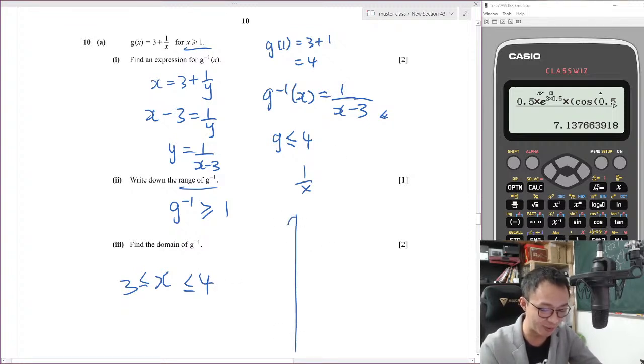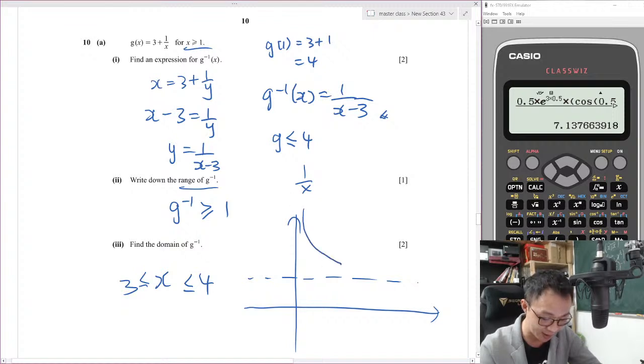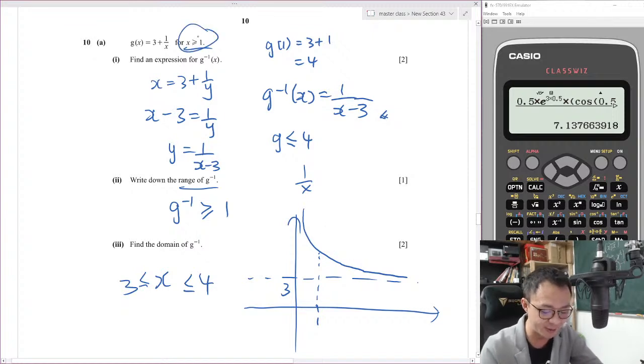Okay, let me just explain one more time. Plus 3 is going to tell you your graph will go like this, and you will get very close to 3, but you never touch 3. So what I'm doing right now is I sub in the 1 into here. Why do I sub in the 1? Because they tell me the domain is bigger or equals to 1. So I get the value 4.